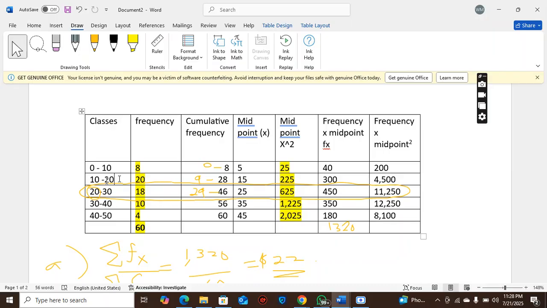Class width is there in the class range here, 20 to 30. This number here, the lower number.